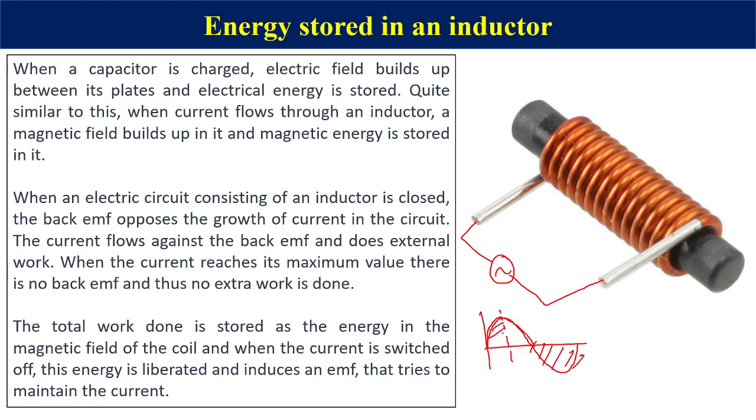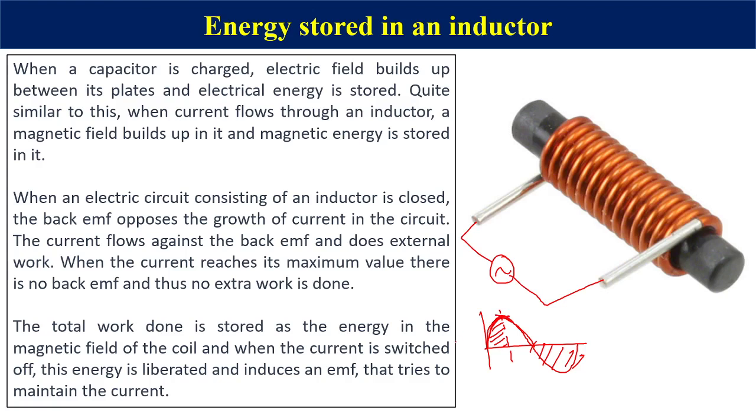So in this particular zone, when the current was gradually increasing, the induced EMF was also giving an induced current in the opposite direction. But the moment it has reached its maximum and is about to fall, the EMF is zero, because the EMF next time will change its direction.